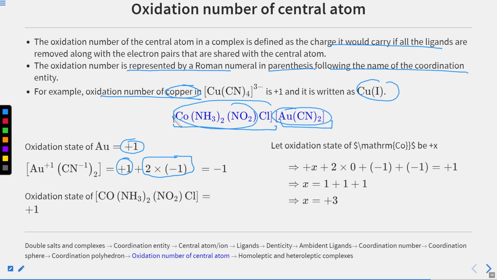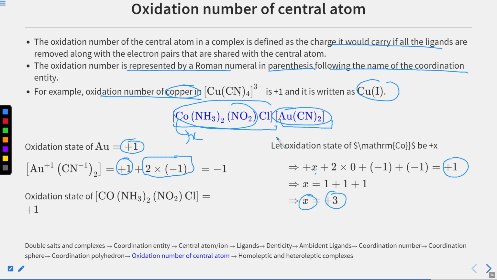Therefore, let X be the oxidation state of cobalt. So X plus 2 into 0, because NH3 carries 0 charge. NO2 carries -1 charge, so 1 NO2 means -1, and Cl carries -1 charge. That should be equal to +1. Now if you solve it by adjusting the LHS and RHS, you will get the value of X as +3.